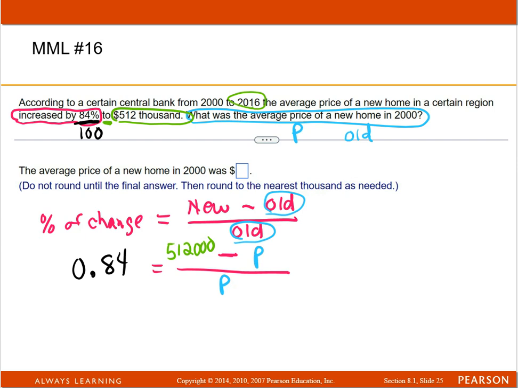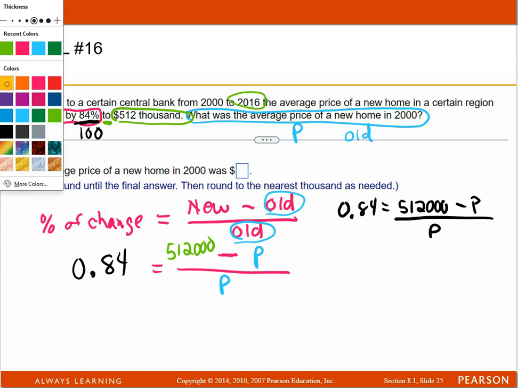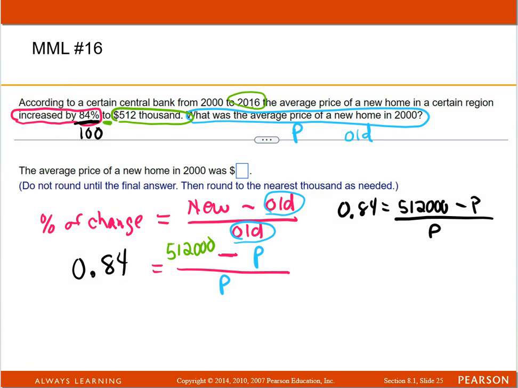This is an equation that has a fraction in it, and to solve it for P, first thing I got to do is get rid of the P in the denominator. And to make this look a little easier, I'm going to come over here and rewrite this problem. So I got 0.84 equals 512,000 minus P all over P. Okay, I am going to use the old trick.